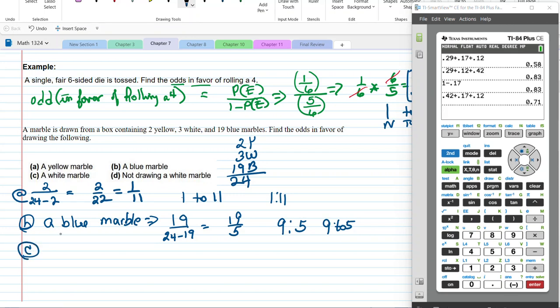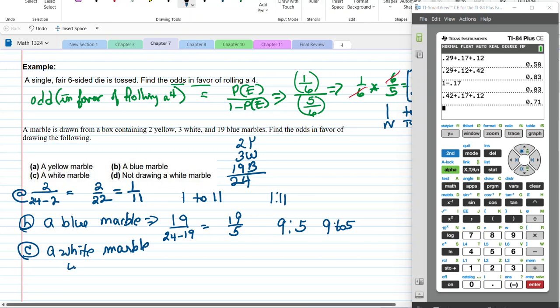All right, let's do our C. A white marble. Well, in white, we have 3. So our probability is 3 out of, and our total is 24.